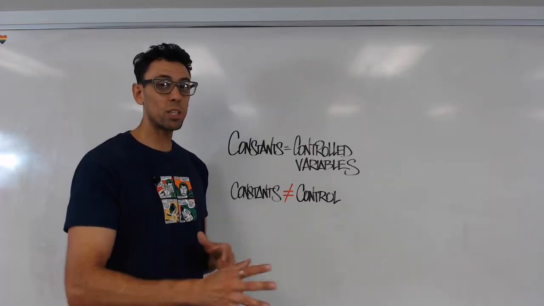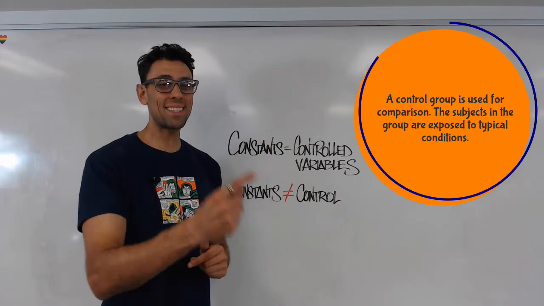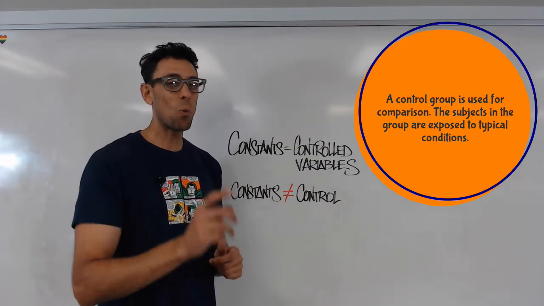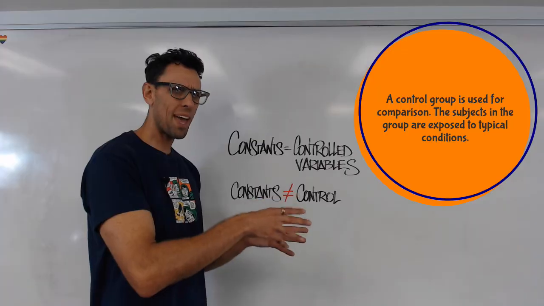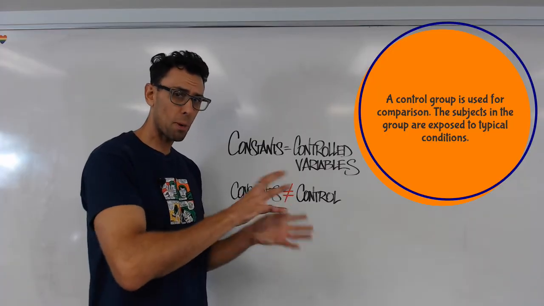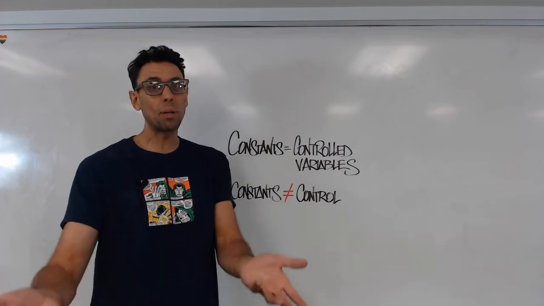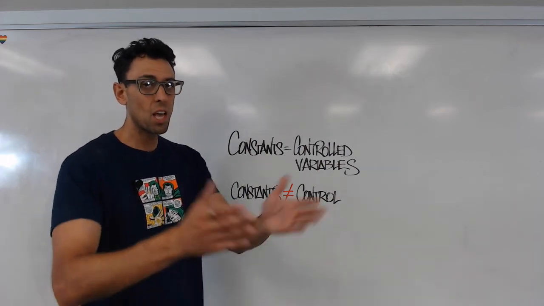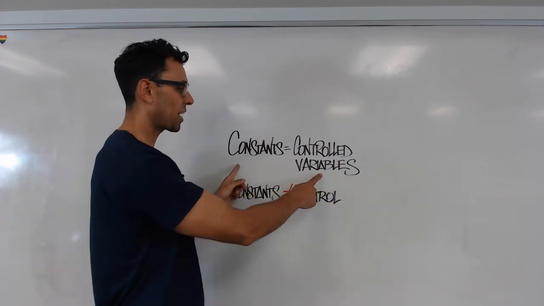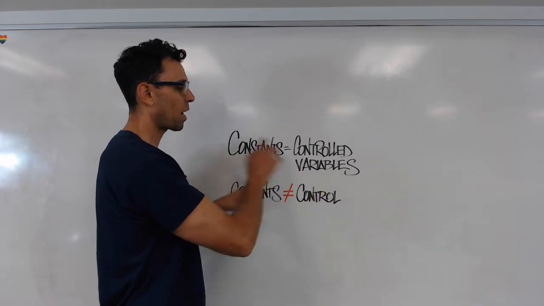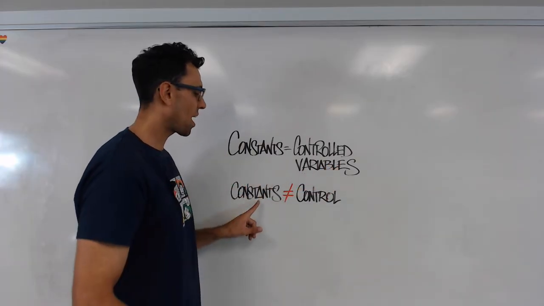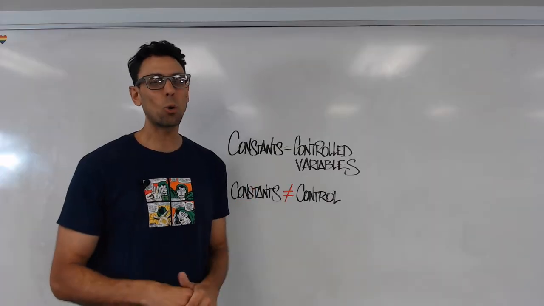The control or the control group is what we're using as a standard for comparison, a way to say, hey, did the change we made in our variable groups, our experimental groups, actually make a difference when compared to what normally happens in nature? So I hope that's clear for you. These are synonyms. Constants and controlled variables means the same thing, but a constant is not the same as a control or a control group.